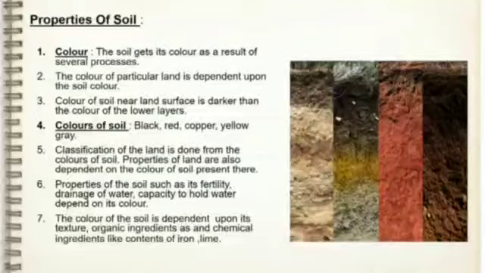In this way, the properties of soil such as its fertility, drainage of water, and capacity to hold water become clear from its color. The color of the soil depends upon its structure and its organic ingredients as well as on chemical ingredients like iron and lime.